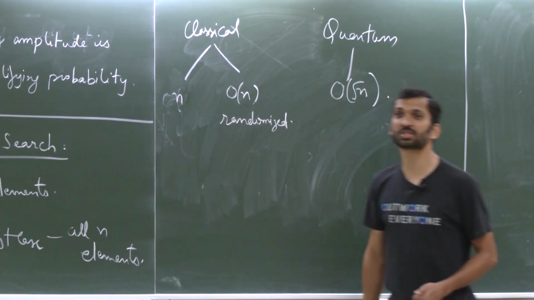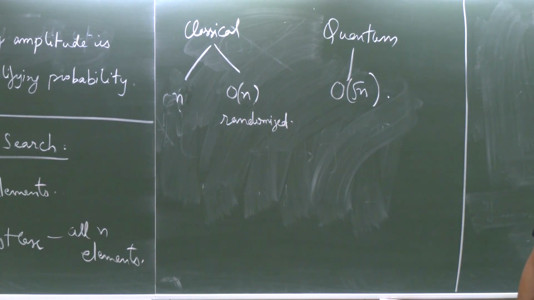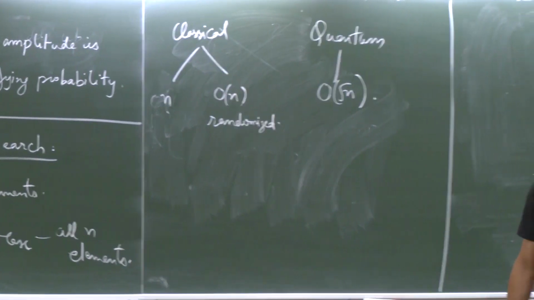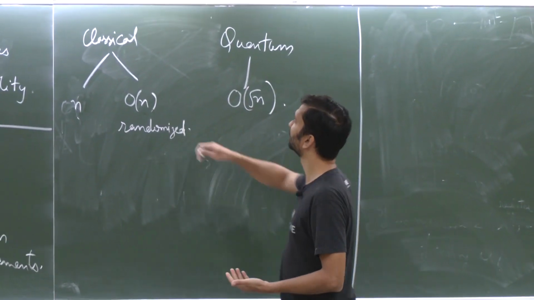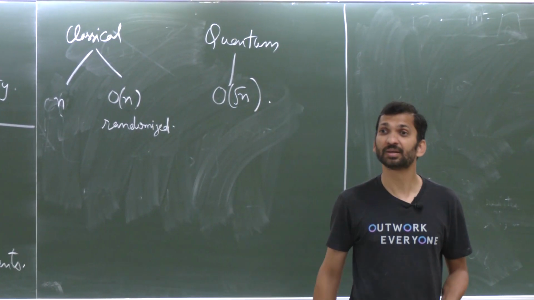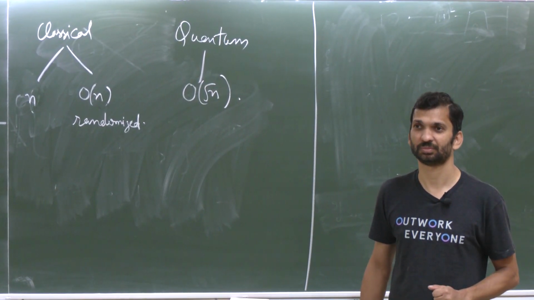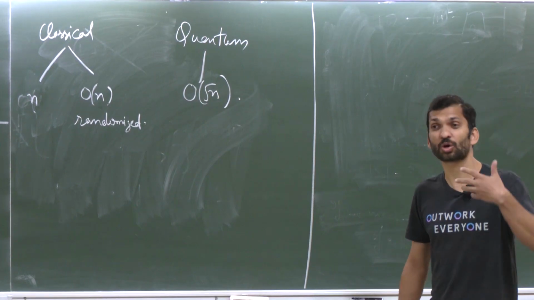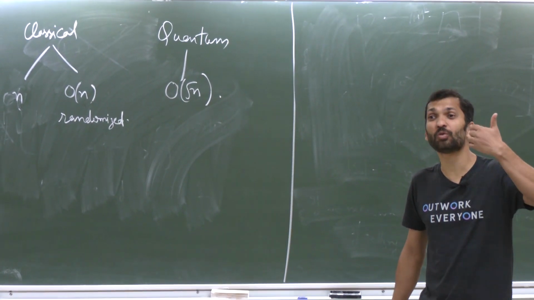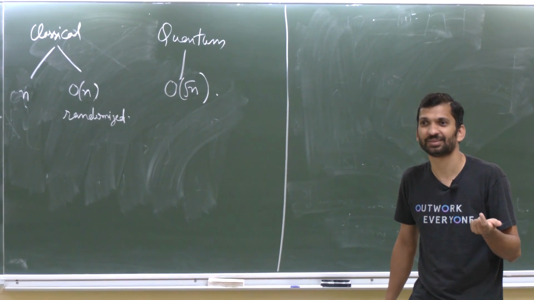We are taking worst case cost, expected cost. Sorry, worst case cost. So even worst case cost is O(n) for a randomized algorithm, right? So the cost will be expected over randomization.